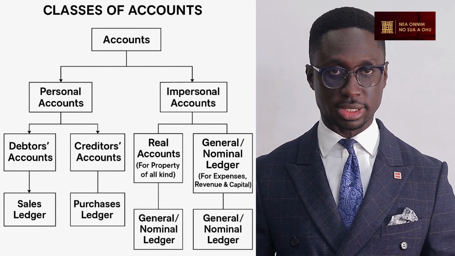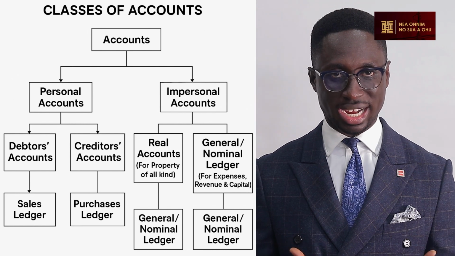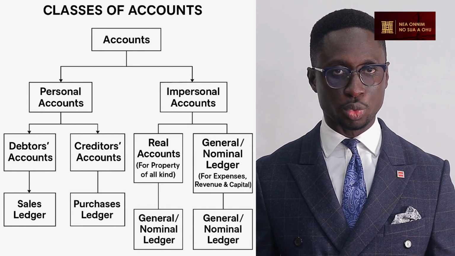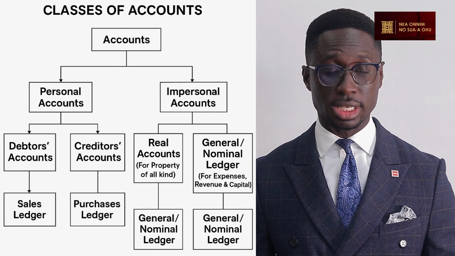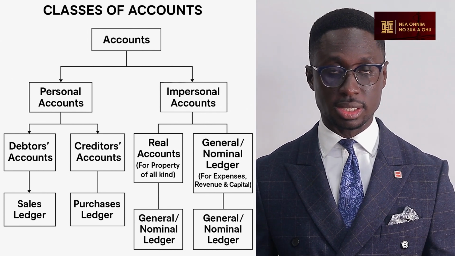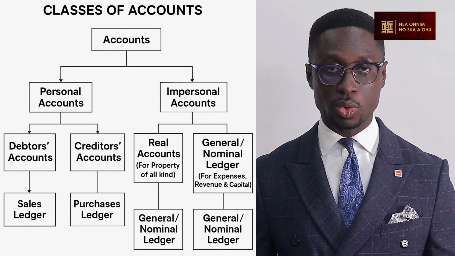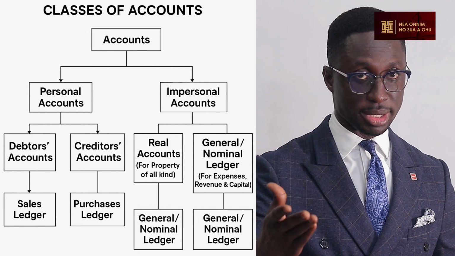Now let's look at the personal accounts. Typically, the personal accounts are those accounts which have got to do with identifiable relations. So as a business, when it comes to our core business operations, when we produce goods, we'll sell them to our customers.